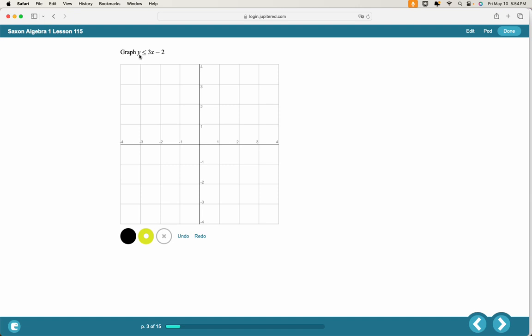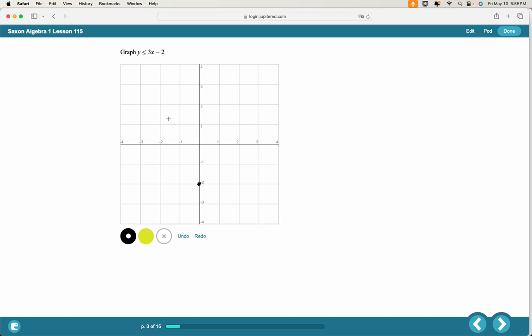All right, so this one says y is less than or equal to 3x minus 2. So we're going to graph the line 3x minus 2, where -2 is the y-intercept. We have the little equal sign here that tells us to make a solid line. So I'm going to make a solid line. We'll start at the -2. I'm going to look for my slope. My slope is 3, so that's going to be 3 over 1.